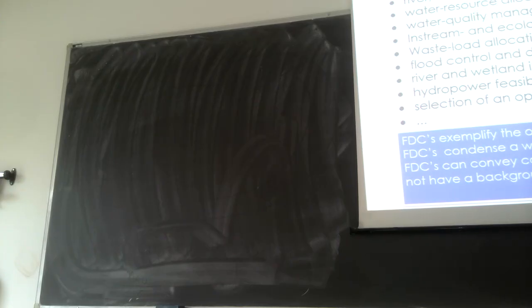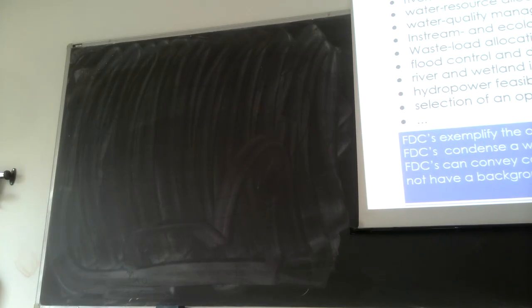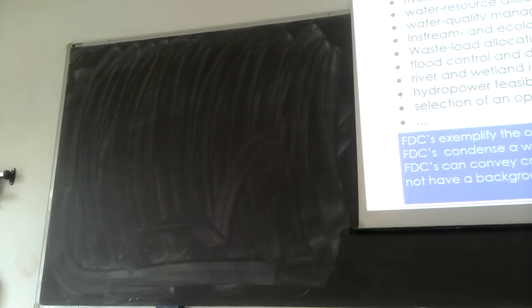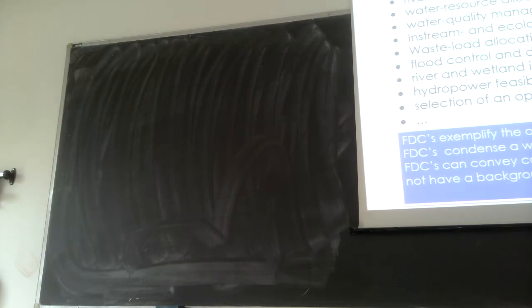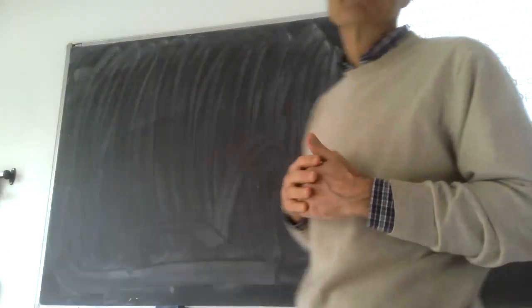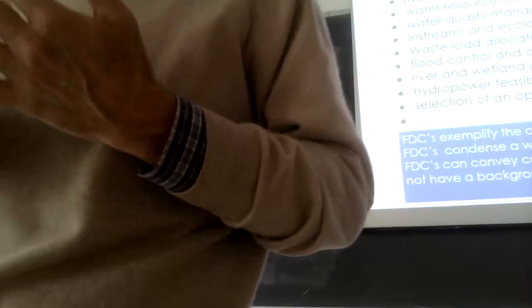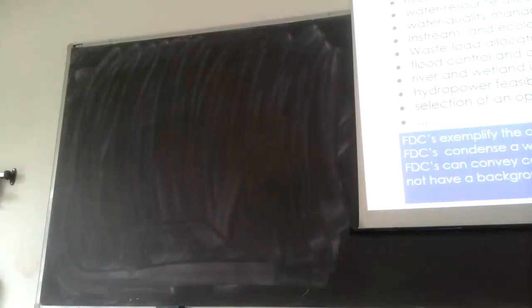If you read this list, which is not even conclusive, you will see that flow duration curves may be used for addressing several water-related problems: sedimentation, analysis of wetland behavior, hydropower potential studies, waste load allocation, quality control.